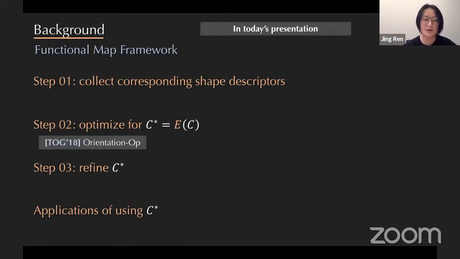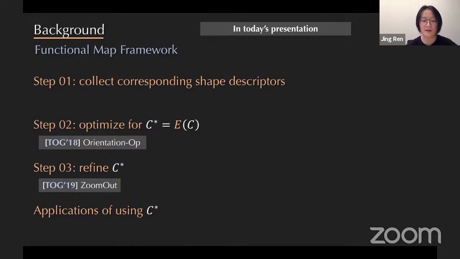In the first project, we propose a new functional map energy. It's a new regularizer that can be plugged into the commonly used functional map energy, and it helps guide the optimization towards a map that is more orientation aware. The second project is what we call zoom out.